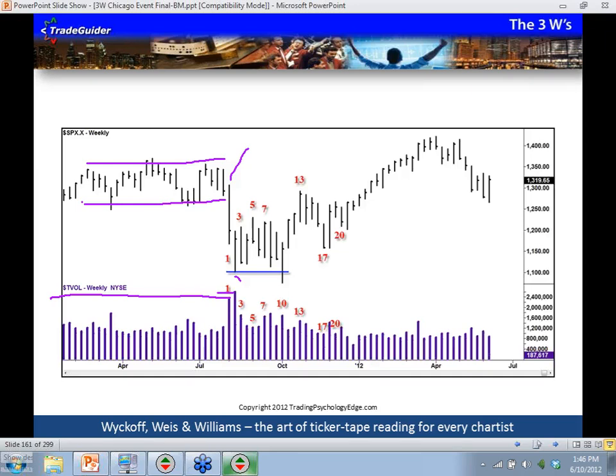Closed inside yesterday's range, right? That's significant too. But there's one other thing that's significant. And it has to do with the amount of volume and the range of the bar. It has more volume than the previous day, but the range is less.